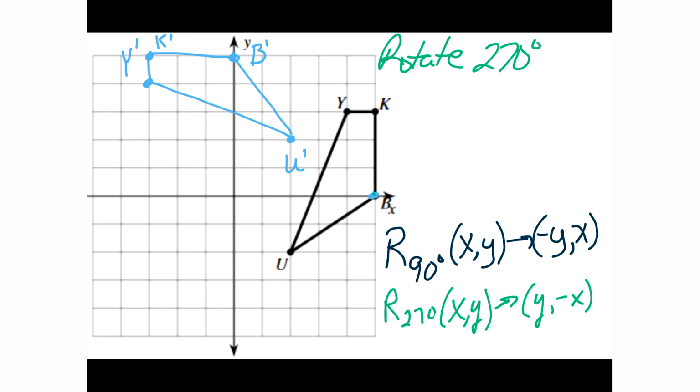So I'll start with U. U we know is at 2, negative 2. So I plug that in. Then my U prime is going to have my y go to x. So that's negative 2, and then I negate x and put it in y. So that puts me at negative 2, negative 2. So there's U prime.